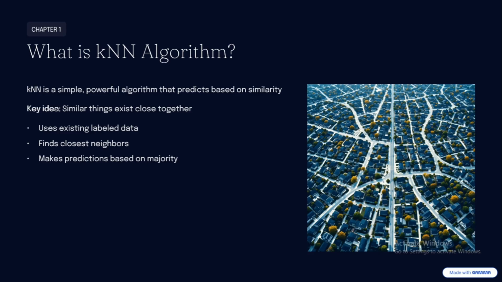What is kNN algorithm? K-nearest neighbors, or kNN, is a supervised machine learning algorithm. The main idea is very simple. Similar things exist close together. kNN does not create formulas or equations during training. Instead, it stores all the labeled data and waits.